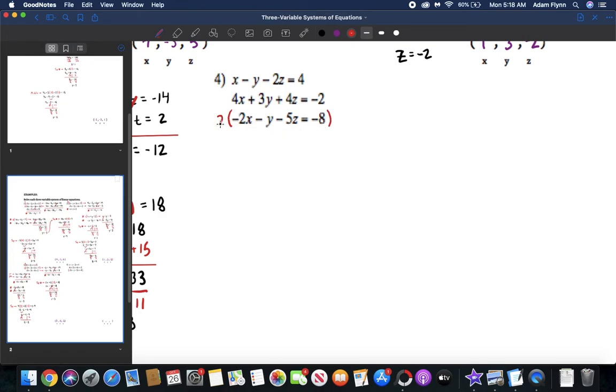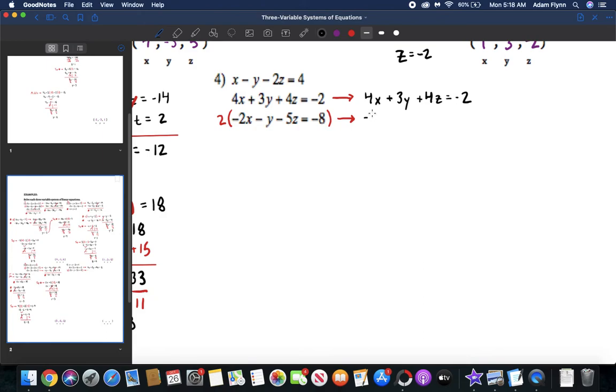I'm going to scale it by 2 in order to get my coefficient of x as negative 4, because my x's will then be able to eliminate. So when I do that, I'm going to rewrite my middle equation. So I've got 4x plus 3y plus 4z equals negative 2.